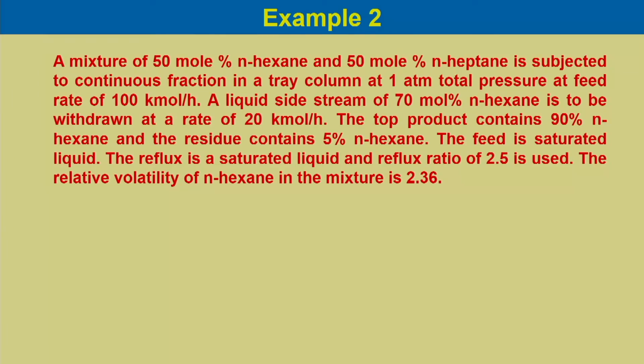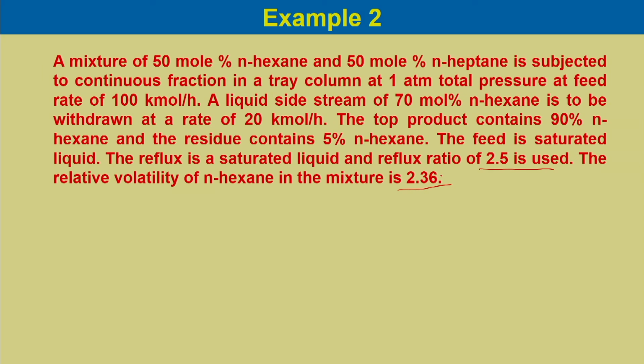A liquid side stream of 70 mole percent n-hexane is to be withdrawn at a rate of 20 kilomole per hour. The top product contains 90% n-hexane and the residue contains 5% n-hexane. The feed is a saturated liquid, the reflux is a saturated liquid and a reflux ratio of 2.5 is used. The relative volatility of n-hexane in the mixture is 2.36.